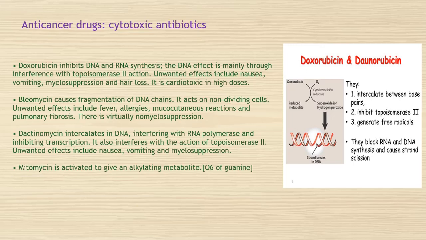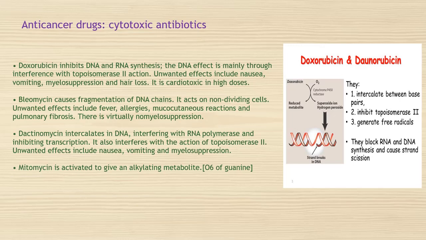It is most effective in the G2 phase of the cell cycle and mitosis, and it is also found to be active against non-dividing cells in the G0 phase. The most serious toxic effect of bleomycin is pulmonary fibrosis, which occurs in 10% of patients treated with this drug.